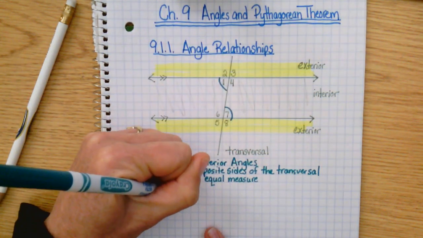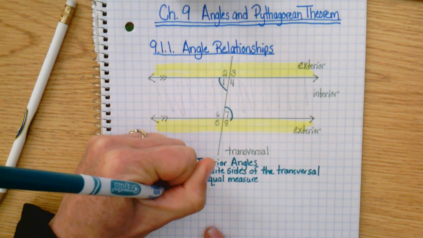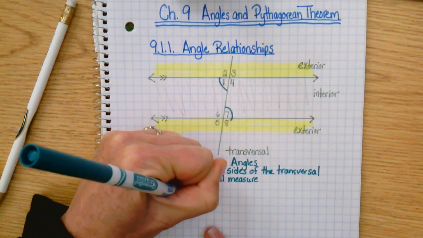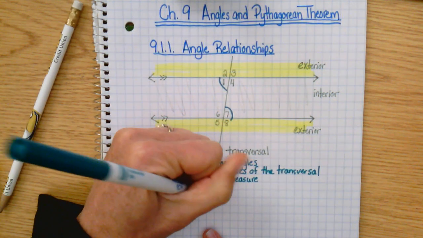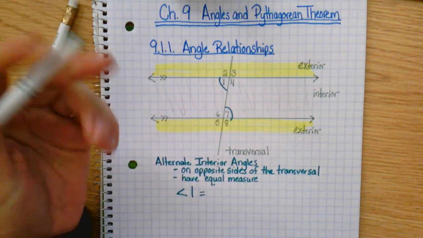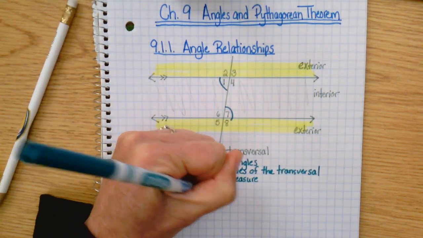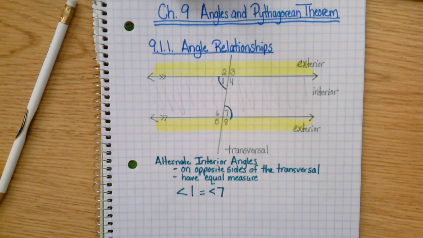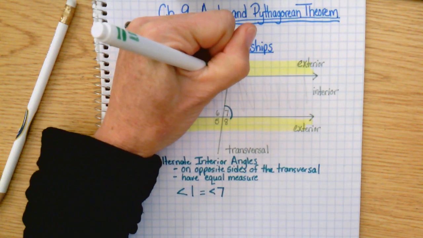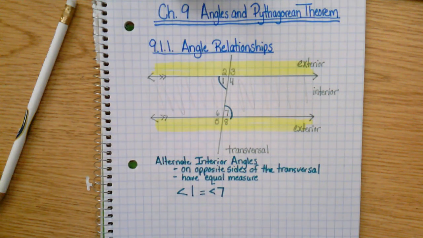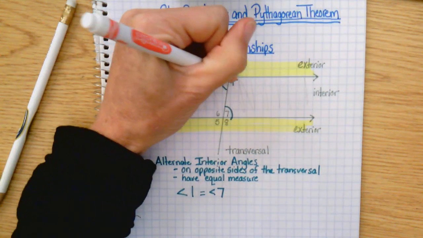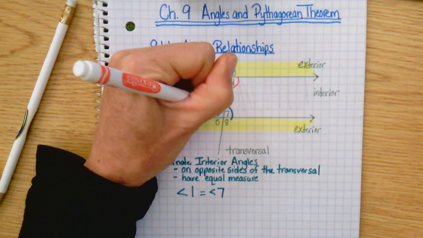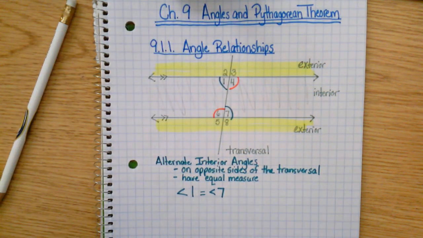So we use this symbolism. Angle 1 is equal to or congruent to angle 7. And we can also say that angle 4 and angle 6 are alternate interior angles.